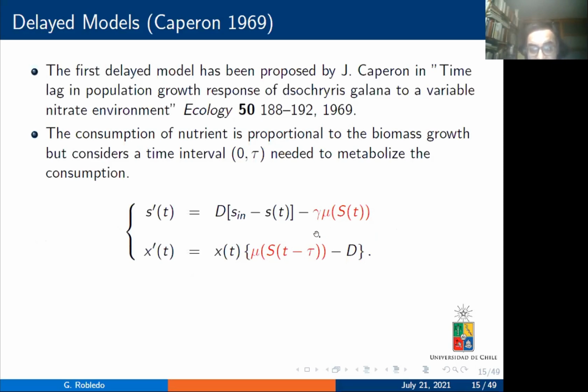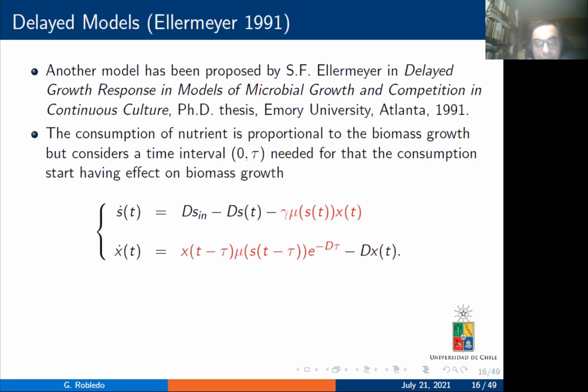There exists a delay between the two processes. A second model has been introduced by Ellermeyer in 1991 and proposed this relation between the consumption of nutrient and the growth of the biomass as follows.